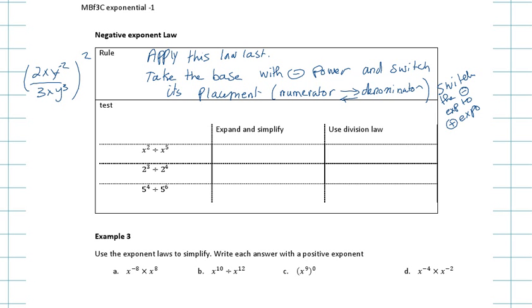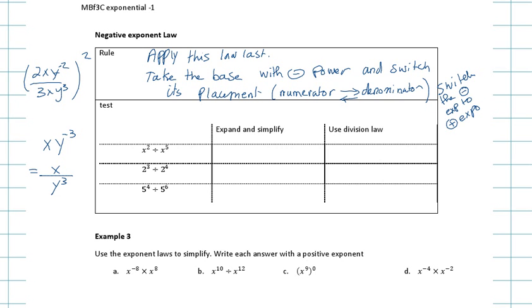Let me show you an example. Let's say you have x, y to the power of -3. All you have to do is bring the y to the denominator, so it becomes x over y to the power of 3. X stays on the top because x has a positive exponent. Only y has a negative exponent.